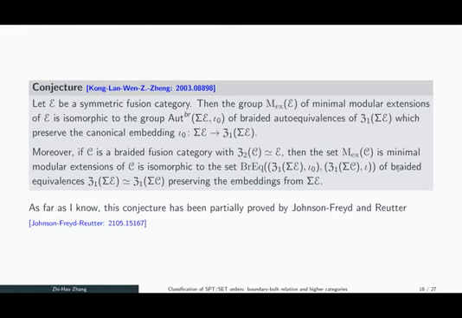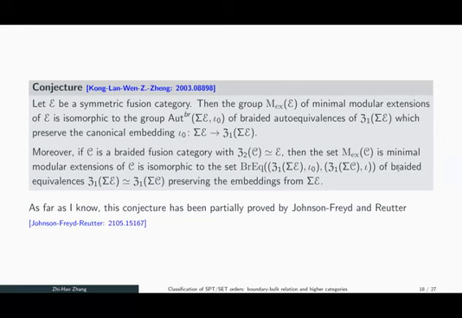And moreover, if we consider SCT orders rather than SPT orders, then we have a braided fusion category C whose Müger center is E. And we consider a set of minimal modular extensions of C. And we say this set should be isomorphic to another set. That is the braided equivalences from the Drinfeld center of sigma E to the Drinfeld center of sigma C, and they preserve the embedding from sigma E.